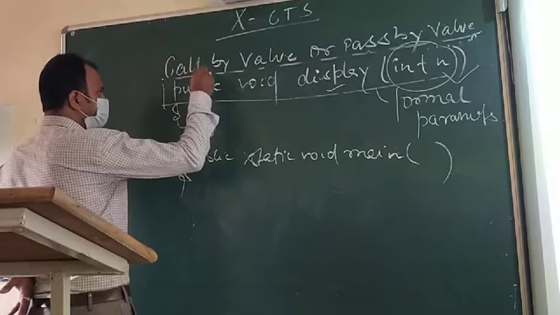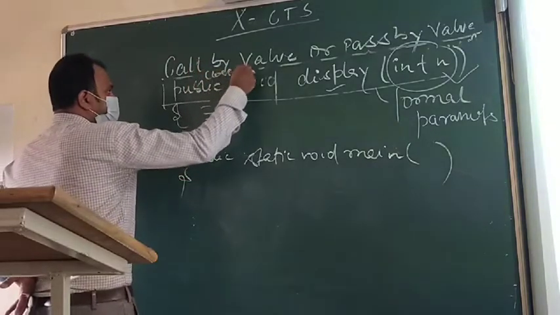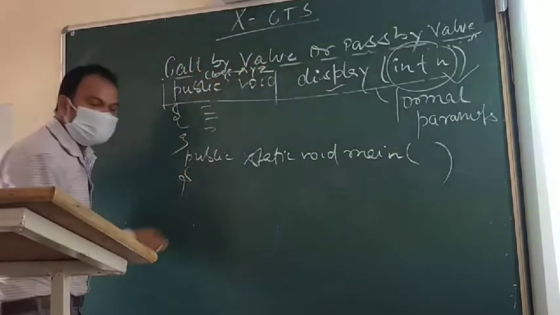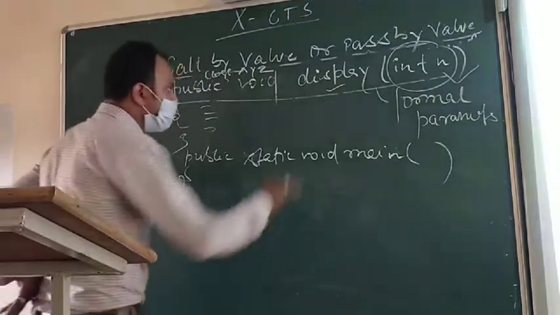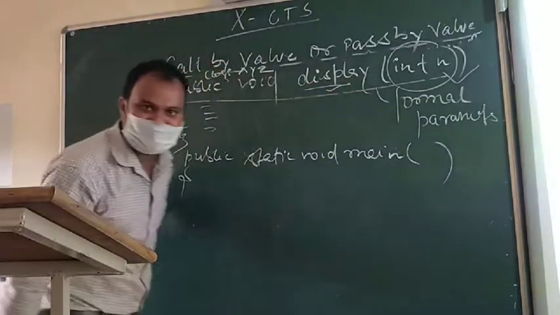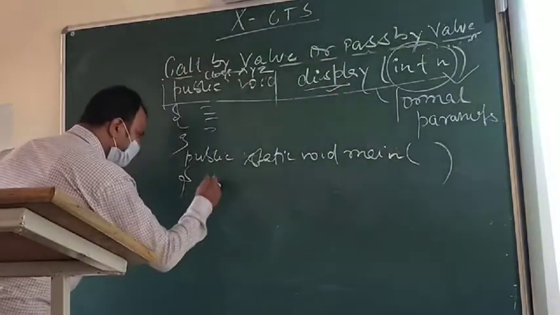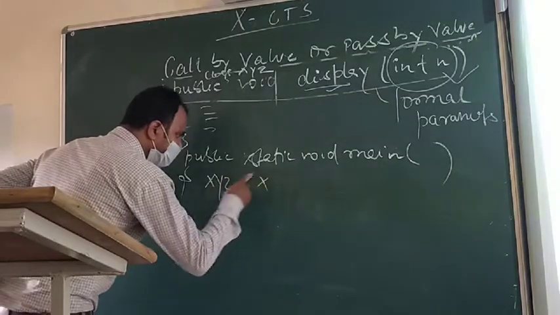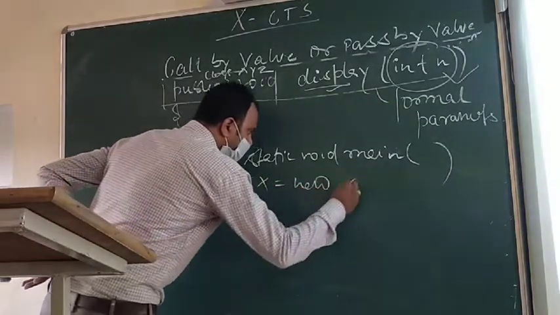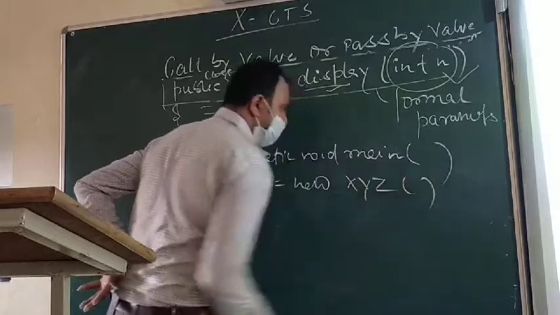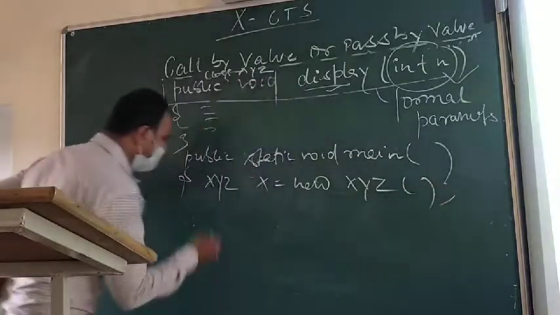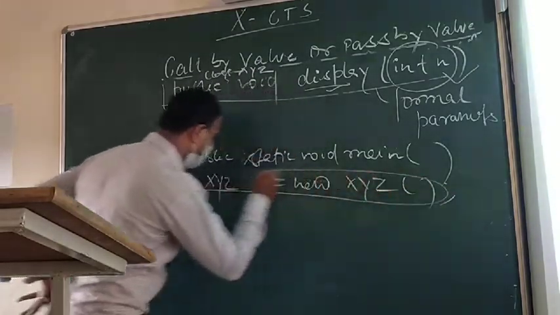Suppose we have a class xyz. We need to get an object of that class to call a function, since it is a non-static function. So xyz x = new xyz(); the object is created here.